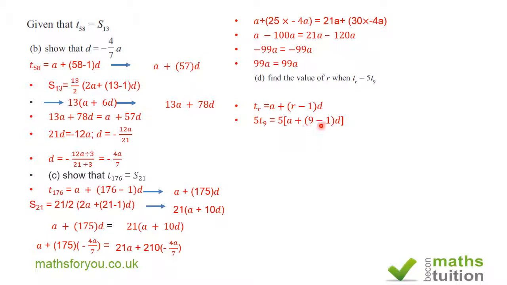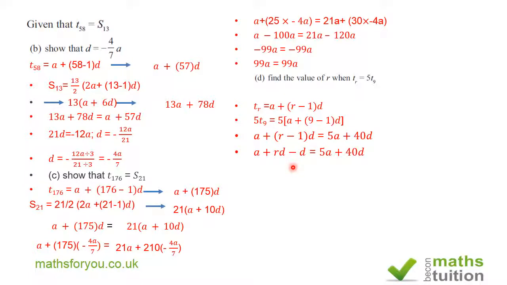Now 9 minus 1 is 8, so when you expand this bracket, you end up with 5a plus 40d for 5t sub 9. And then we equate these two, so we end up with a plus r minus 1 d is equal to 5a plus 40d.